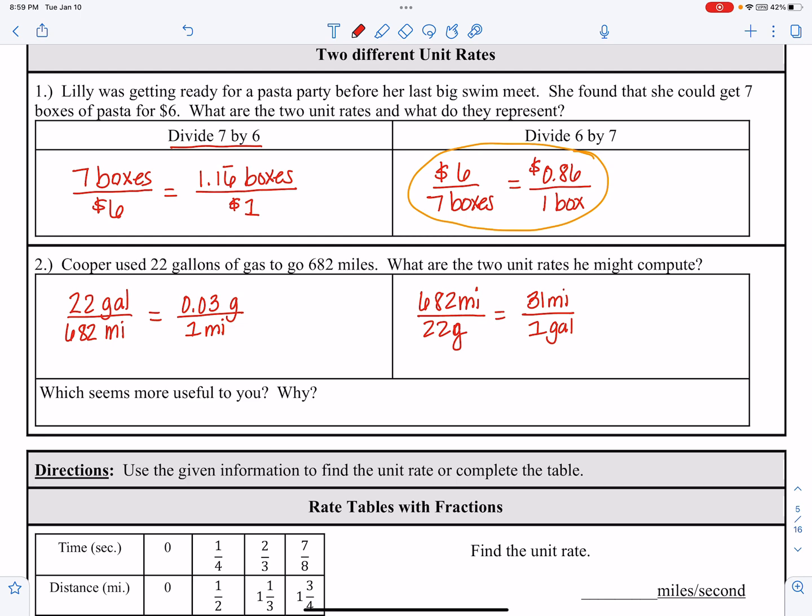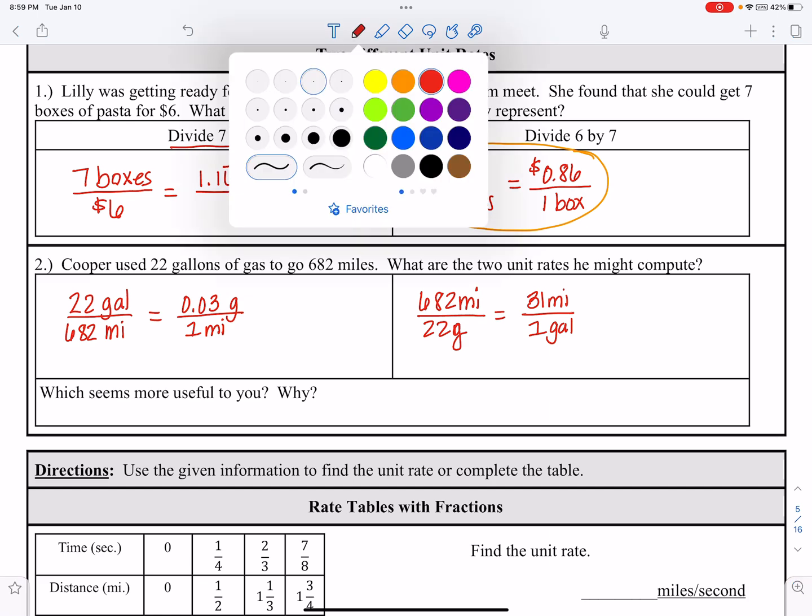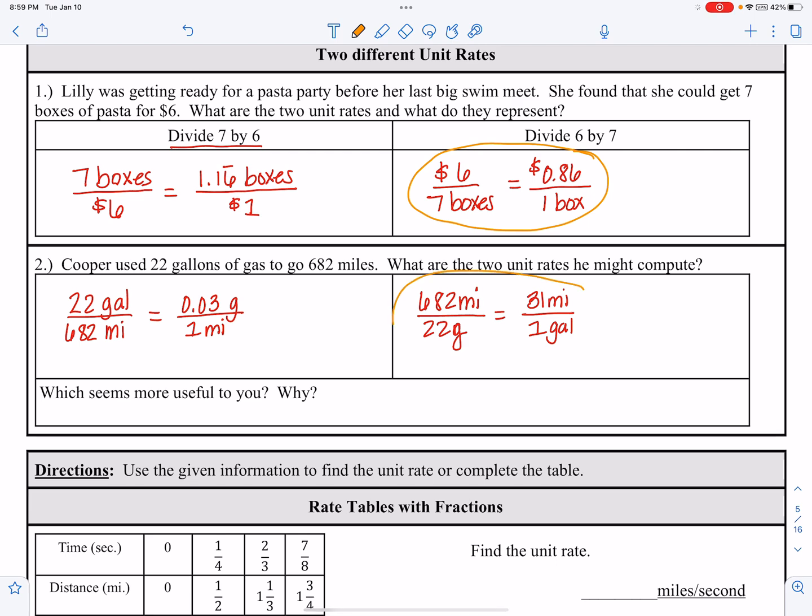Do you hear gallons per mile, or do you hear miles per gallon? Okay, and so again, this is the one you should be recognizing as the better choice for a unit rate, because if I know that my car holds 10 gallons, it's really easy for me to figure out how many miles I can get by looking at the actual miles per gallon. Okay, this is what they share with car dealerships and things like that. So which seems more useful to you and why?